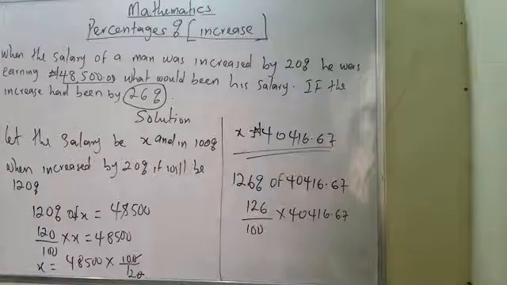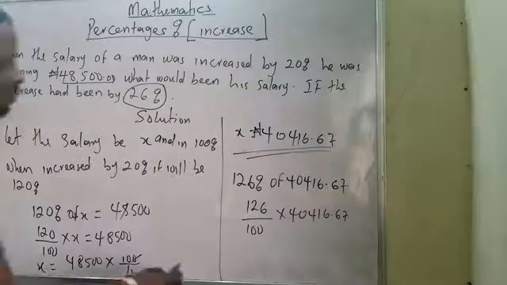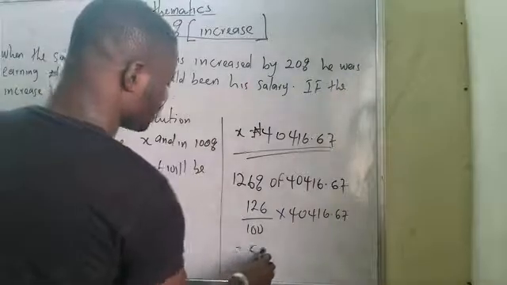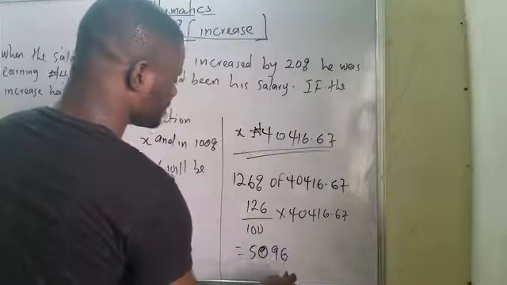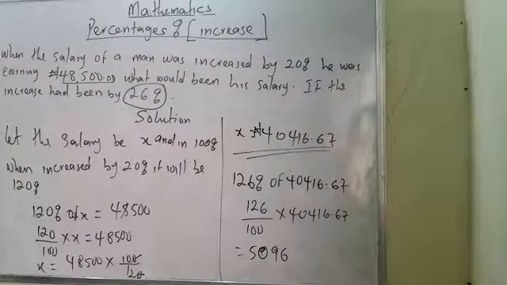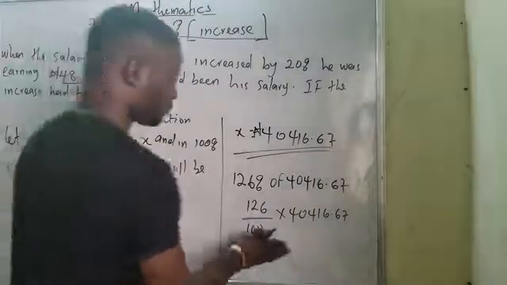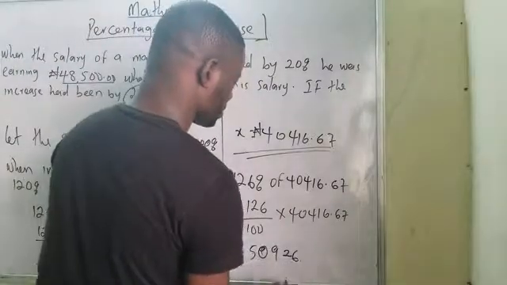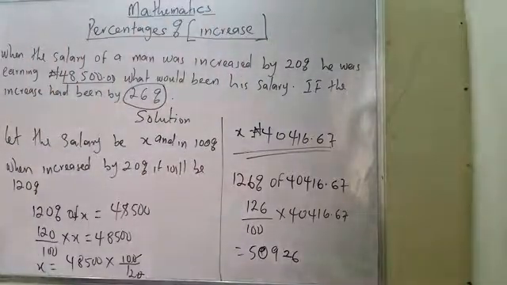By so doing this, don't forget the calculator will be of help. I'll be having 50,960.926. That is the increase.